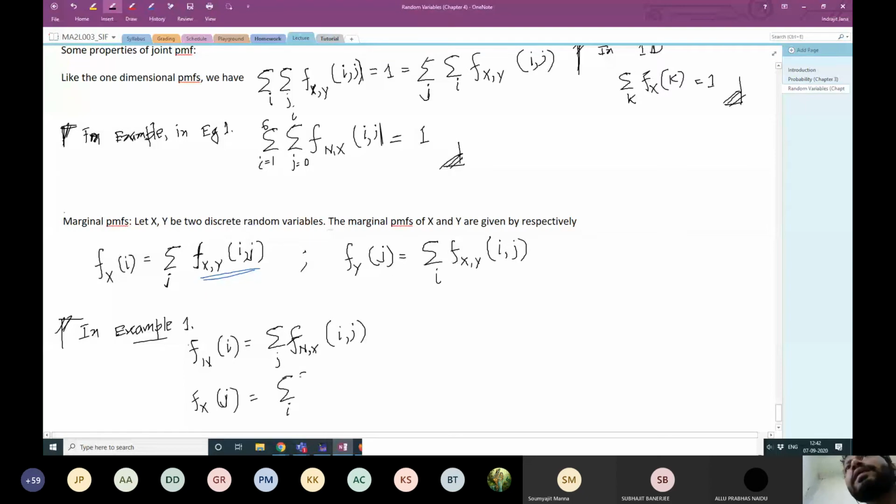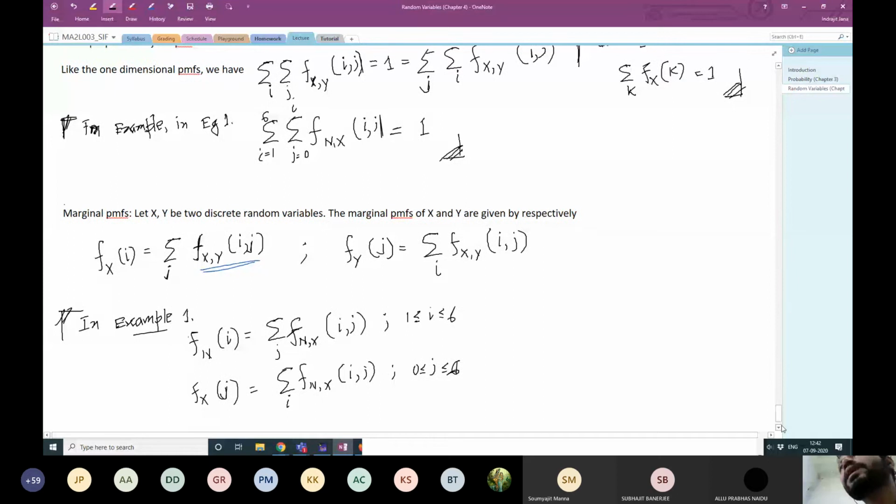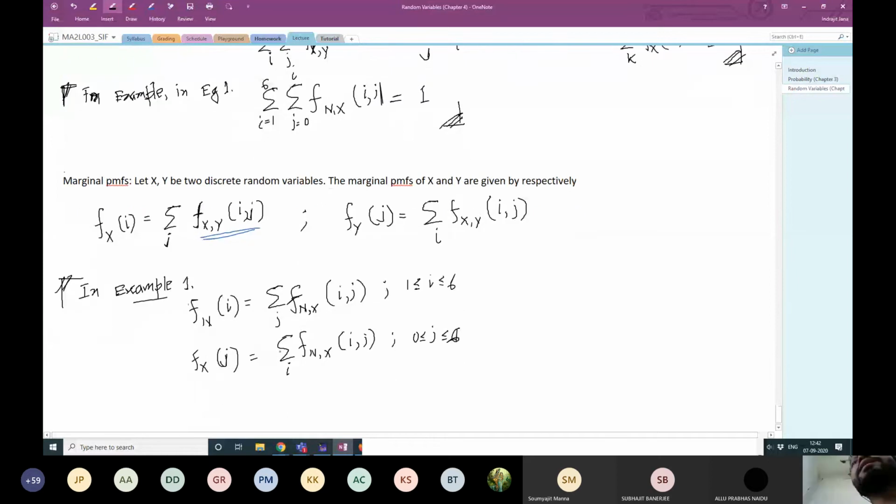The first one is valid for any i between 1 and 6. The second one is valid for any j between 0 and 6. So this is the concept of marginal distribution. You want to extract the probability mass function of a single variable from a joint distribution, you take the sum over only one index.